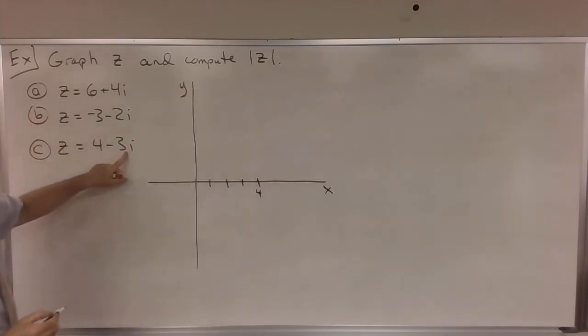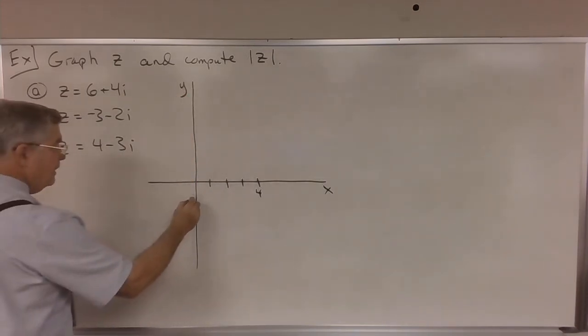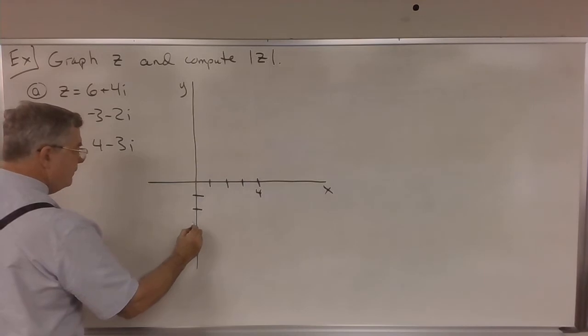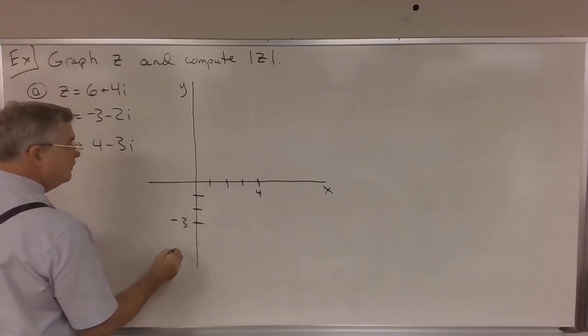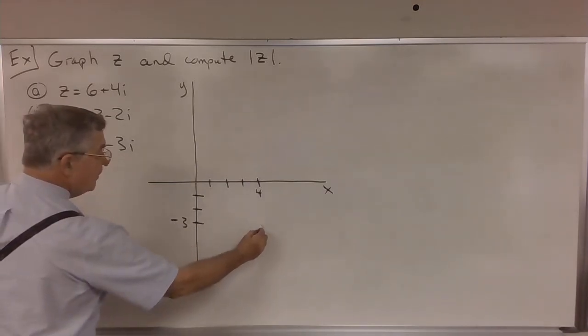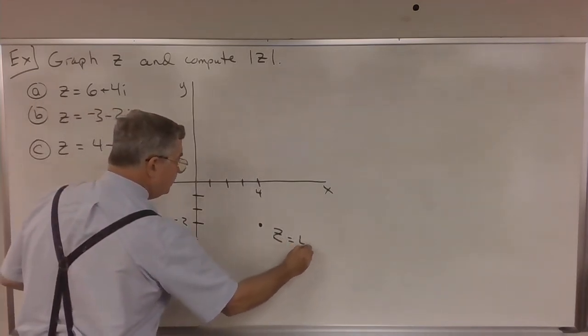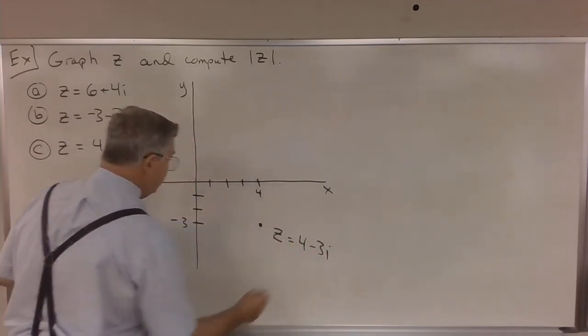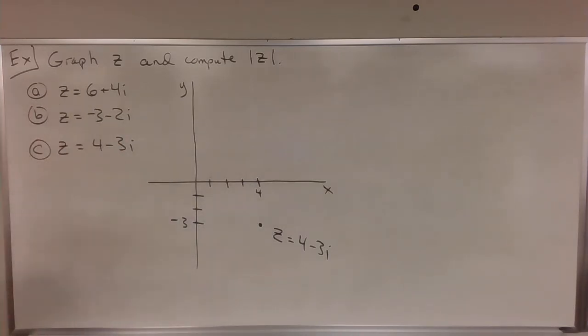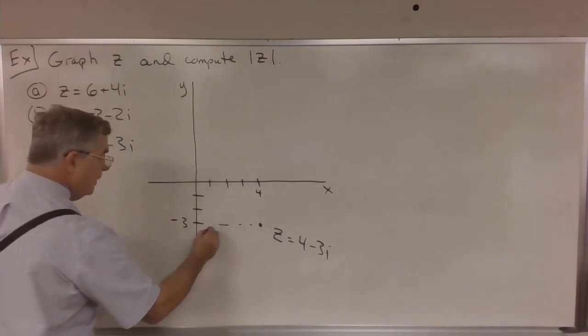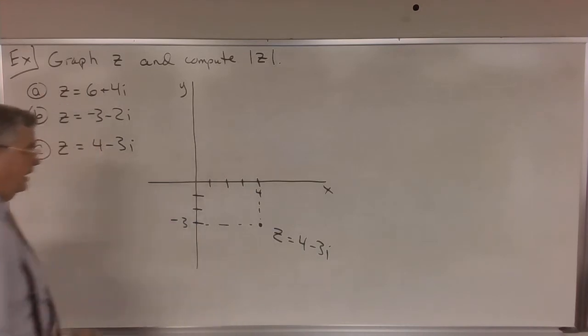Our imaginary part is -3, so we mark out -3 units on the y-axis. And there we have it. z equals 4 minus 3i.